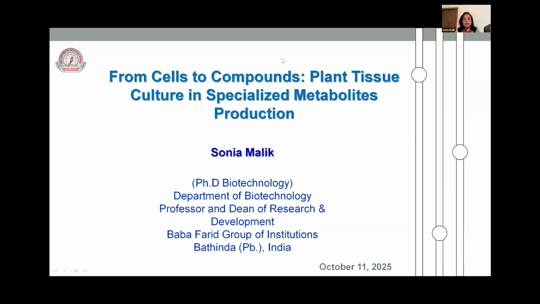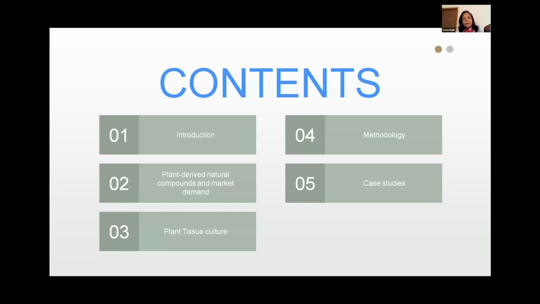Okay, fine. So today I'll be talking on from cells to plants, plant tissue culture in specialized metabolites production. This is quite a vast area, and here I have divided my talk into 5 subparts. First, I wanted to give you the background of what exactly plant tissue culture is, and then, before knowing about plant tissue culture, what are the plant natural compounds and why do we need them, why plants produce them.